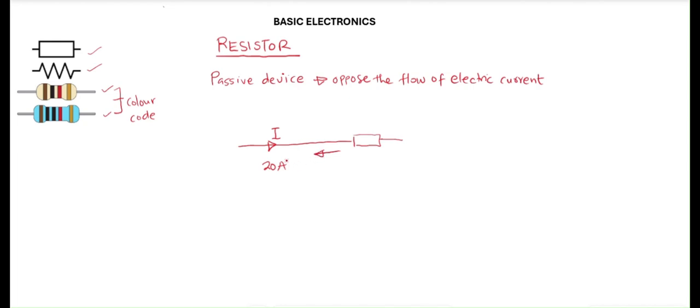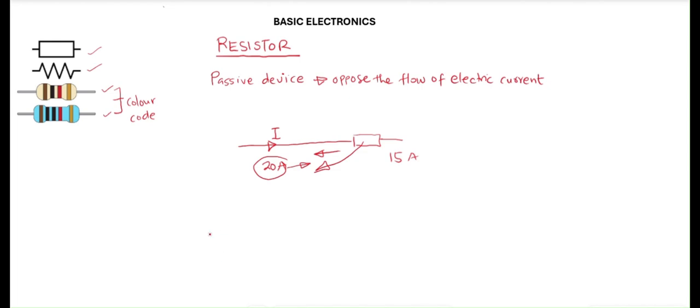Instead of allowing 20 amperes to flow through it, it will maybe allow, let's say, 15 amperes only. So it has opposed a portion of the current that is flowing. It's very important because in terms of protecting electrical gadgets, resistors play a key role. Resistor, just as we said, is an electronic device that opposes the flow of current.